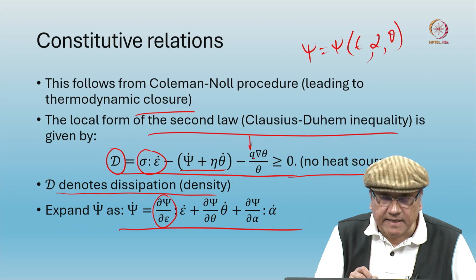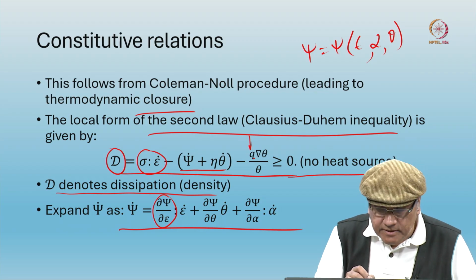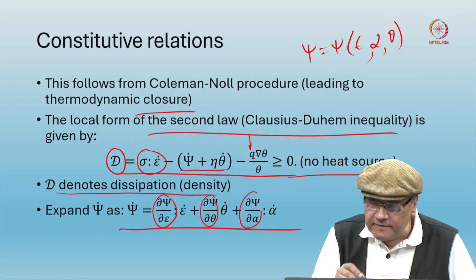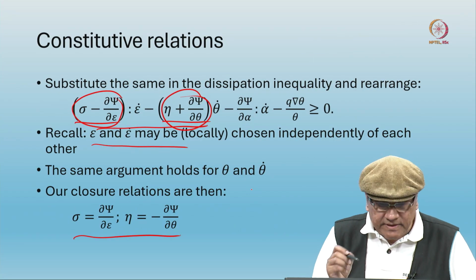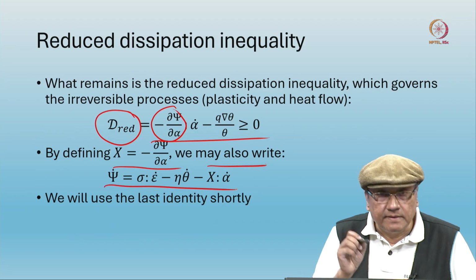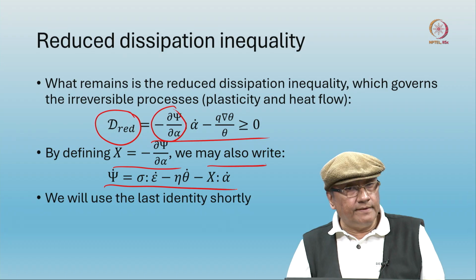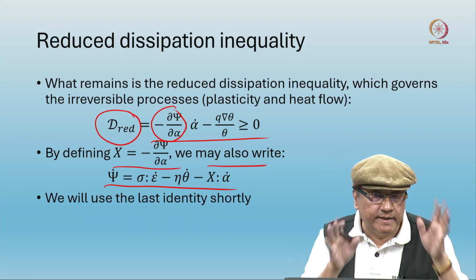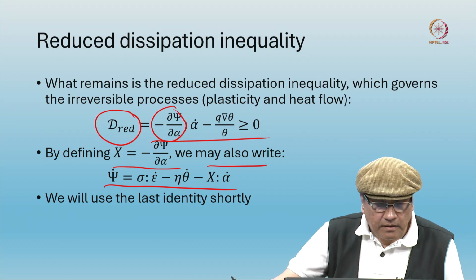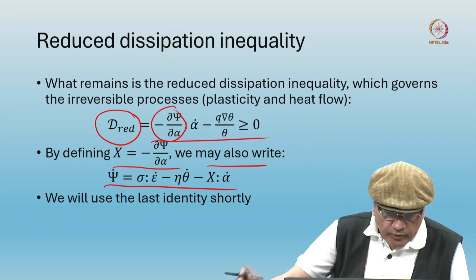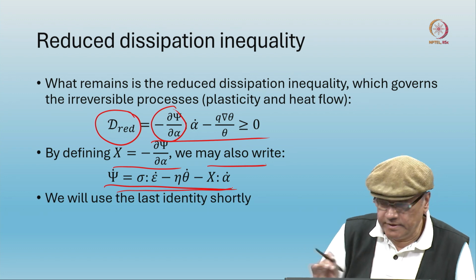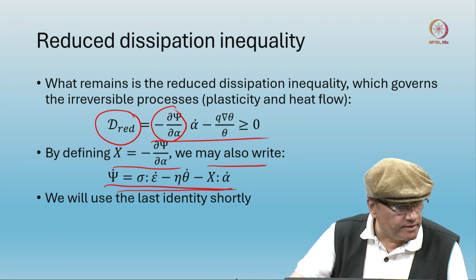Del psi by del theta is minus eta, so minus eta theta dot, like that, and del psi by del alpha is minus X. This is all that we are using here, and we get this psi dot equals this. So, this part should also be clear to you, all right. Okay, so we will be using this identity for psi dot shortly. It is very useful for us. I will tell you why.